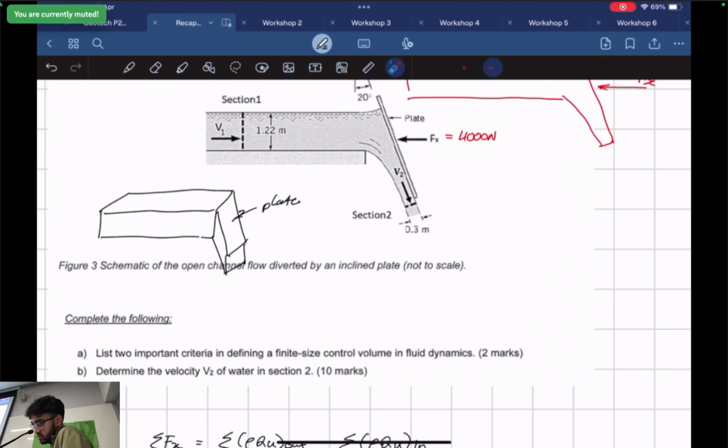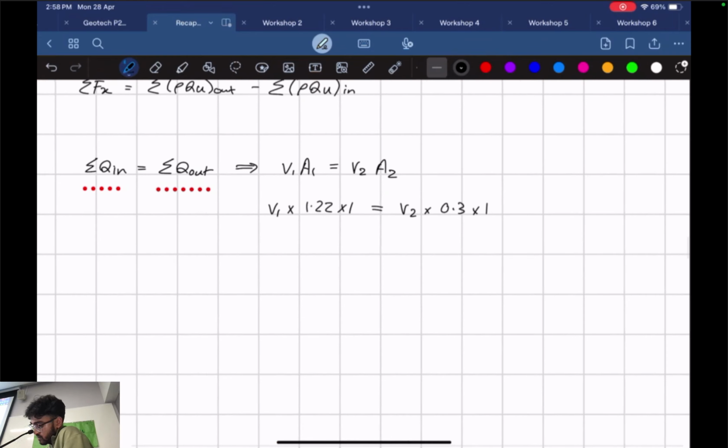They haven't given us the width here, so we can't actually find the forces acting on it. What we can find is the force per meter width. So assuming the width is 1, we can find the force per unit width. So I'm going to say V1 is therefore equal to 0.3 over 1.22 times V2.